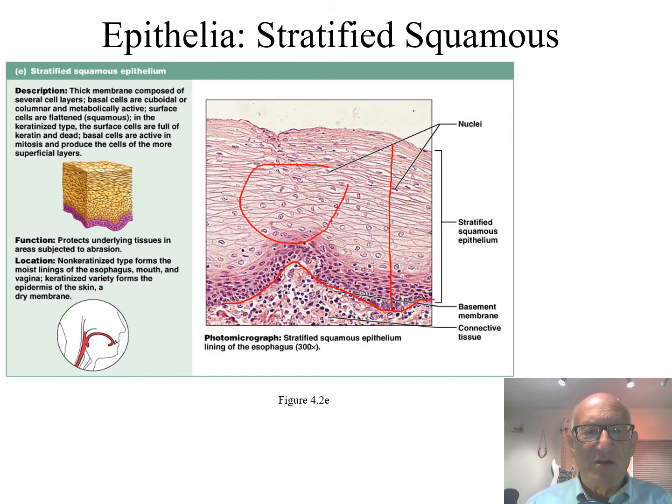Up in this area, we can see the flattened or squashed look of stratified squamous epithelium. When they get closer to the free edge out in here, they actually are usually dead by that time, and they are filled with keratin protein.